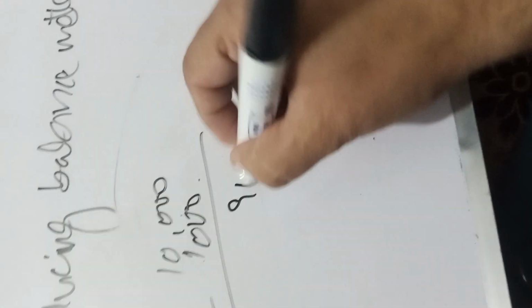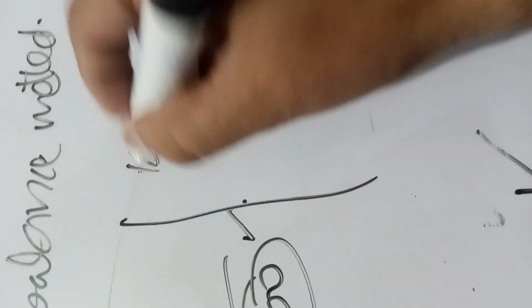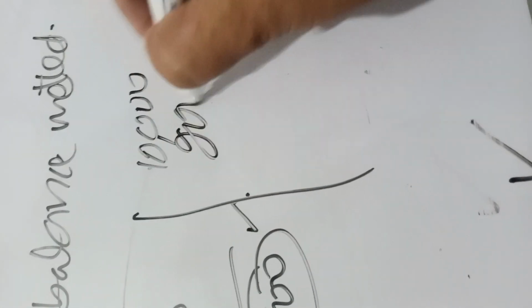And if we talk about the statement of financial position, what will be the effect? In the first year, 10,000 the value of furniture minus 1,000 first year depreciation, you will write 9,000 in the statement of financial position. In the second year, 10,000 minus 2 years depreciation, the remaining you will write 8,000.